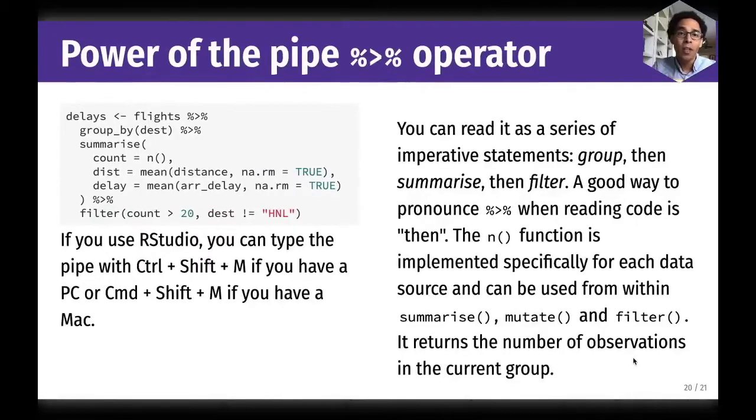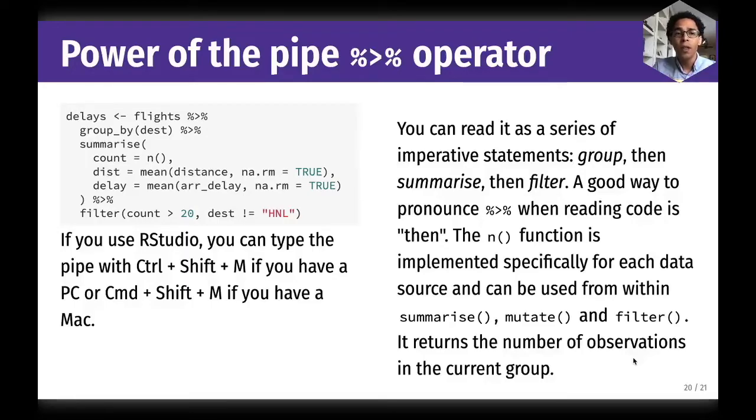Let's see how to solve that type of question using the power of the pipe operator and the functions from dplyr. The first thing that we'll do is to take the data frame and pipe that data frame to the group by function, where we'll be grouping by destination. Then we'll summarize by creating three types of summaries. The first one is counting how many observations in each group.